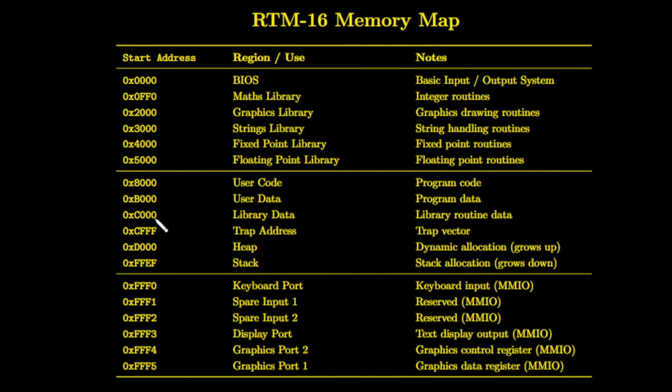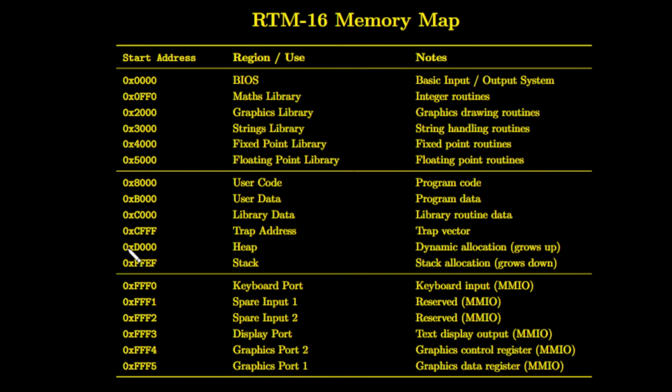So we have this location here for the library data and variables, and it's at 0xC000. Now we have one position, so in effect this is just one single memory cell, and we'll use this for our trap address, and we can have a look at that just in a minute.